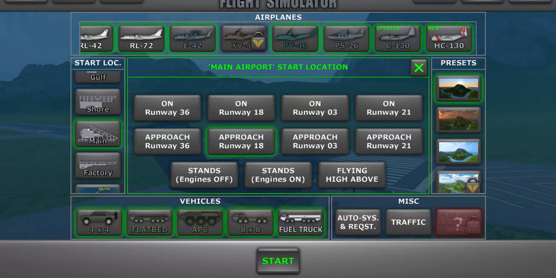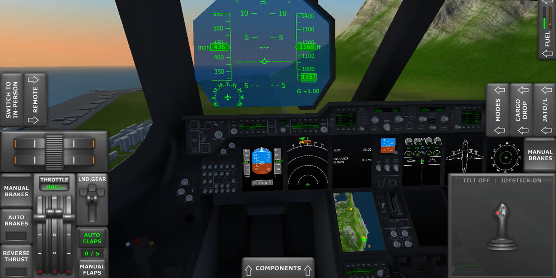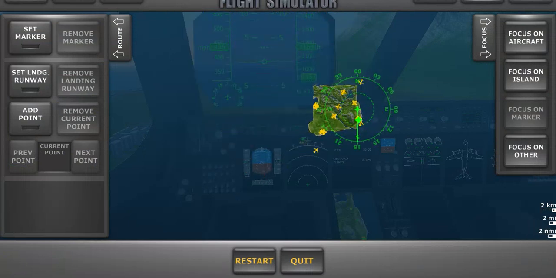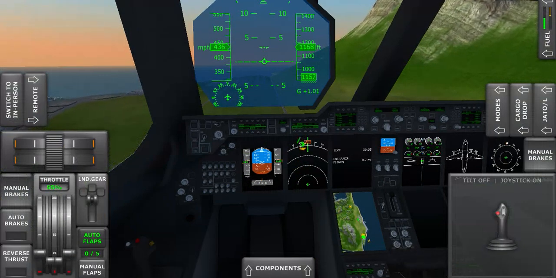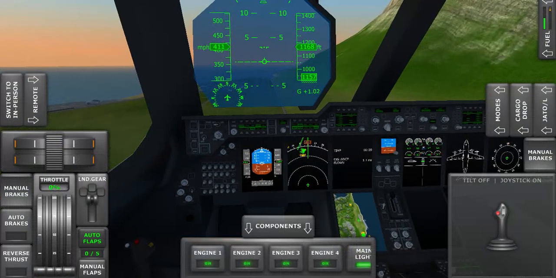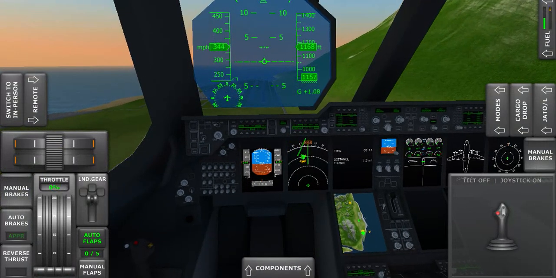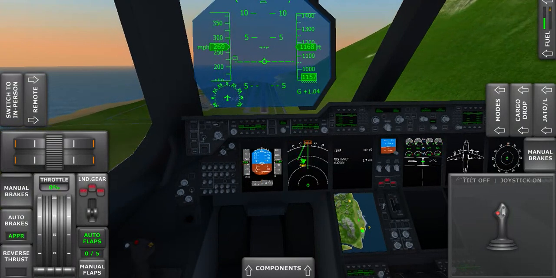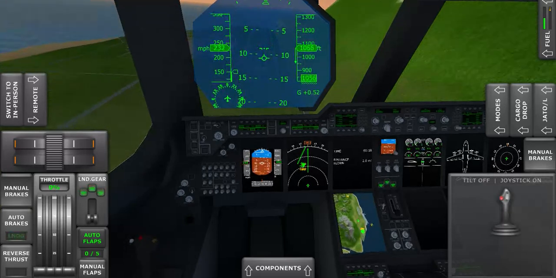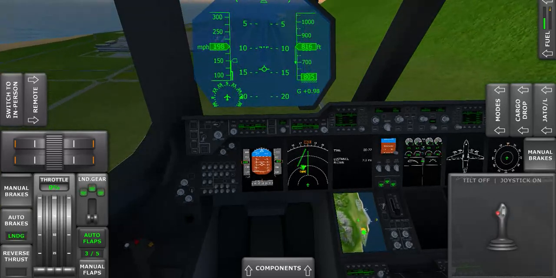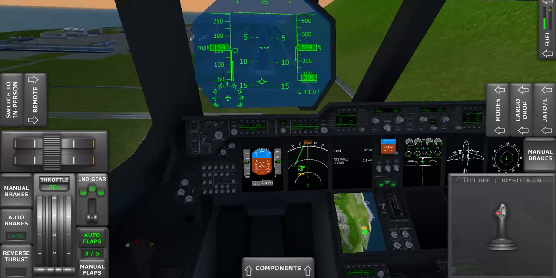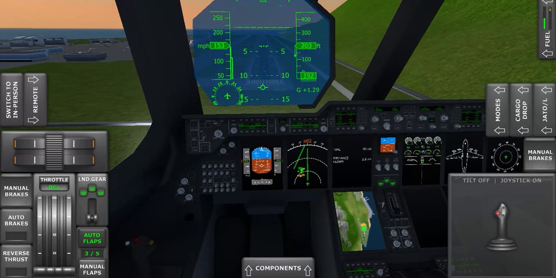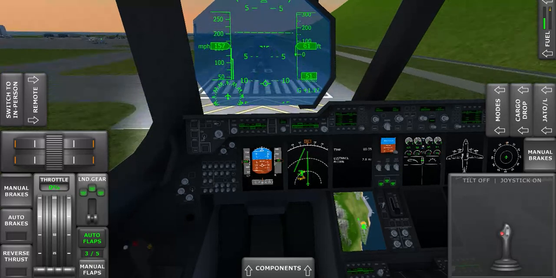Well, I guess I'm going to be going main. $500, $400, $300, $200, $100, $50, $40, $30, $20.